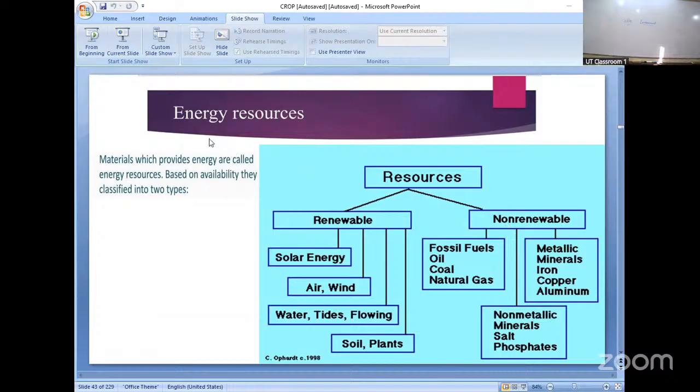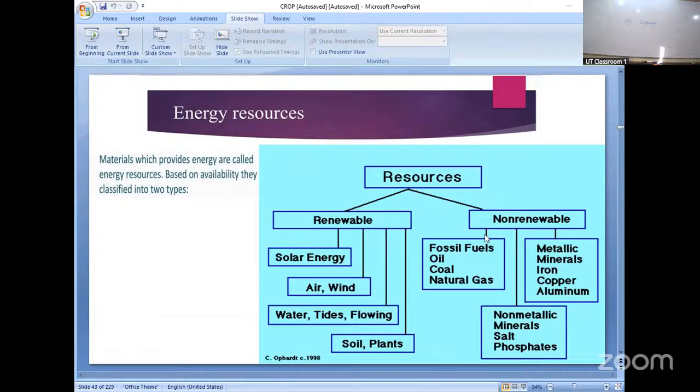Let us come to the energy resources. Energy resources are of two types, renewable and non-renewable. Solar energy, wind energy, water energy, tides, flowing water, all these are renewable, that can be renewed.